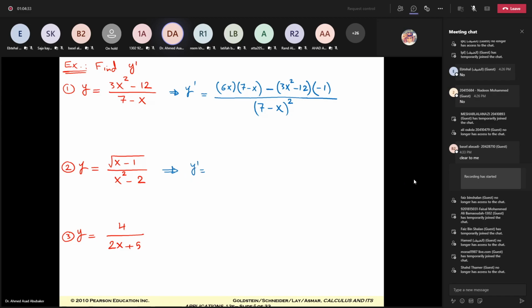Also y prime here: the derivative of radical x minus 1 equals 1 over 2 radical x minus 1, multiplied by x squared minus 2, minus the radical x minus 1 multiplied by the derivative of the denominator 2x, over x squared minus 2 all squared.